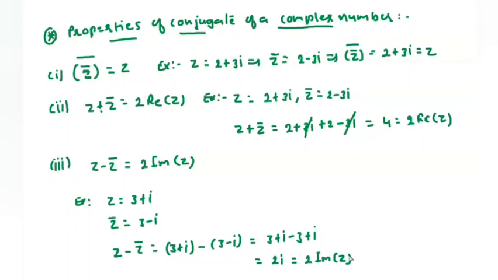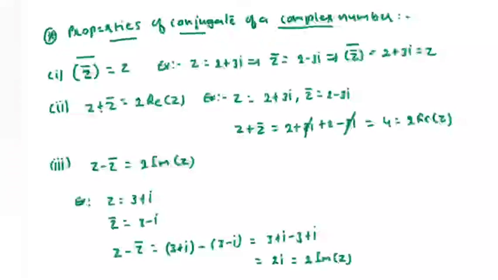Okay, now fourth property. If z is equal to z bar, that double implies z is purely real. Now this we have already seen.